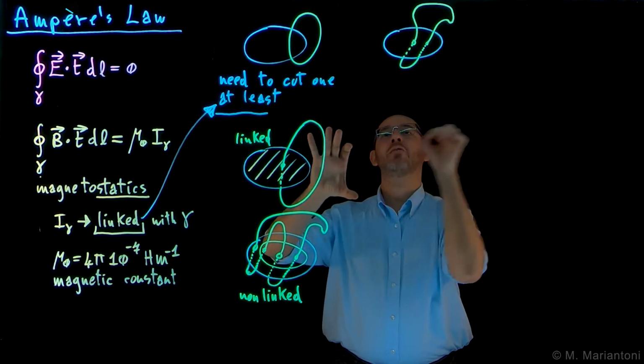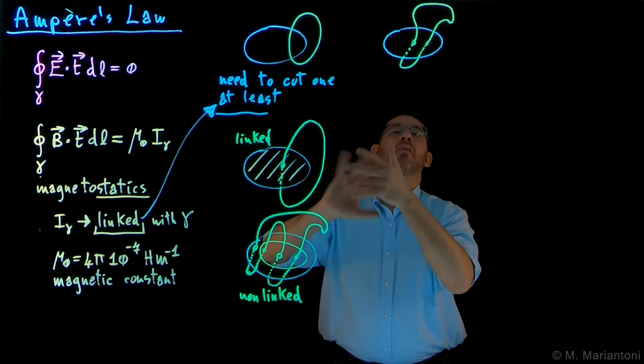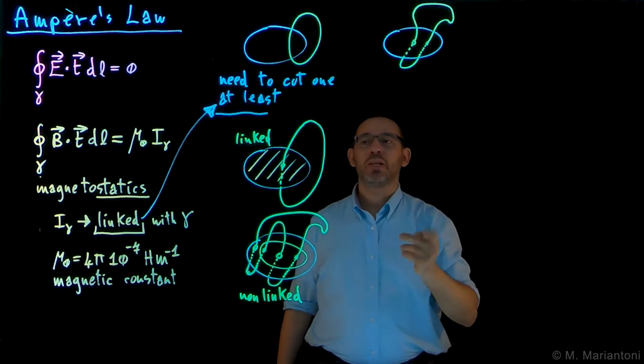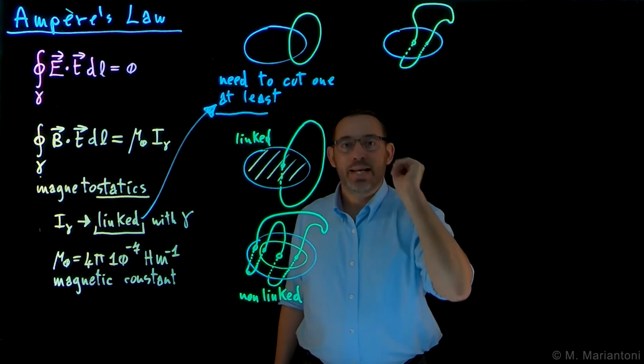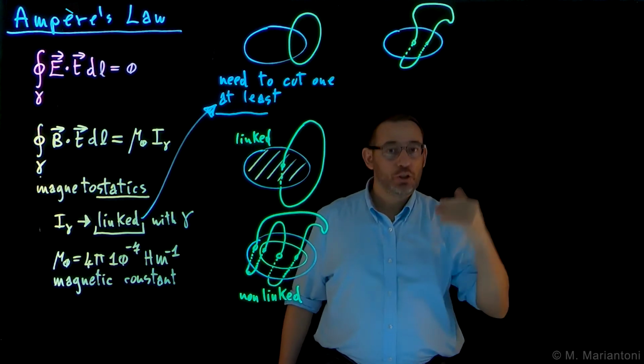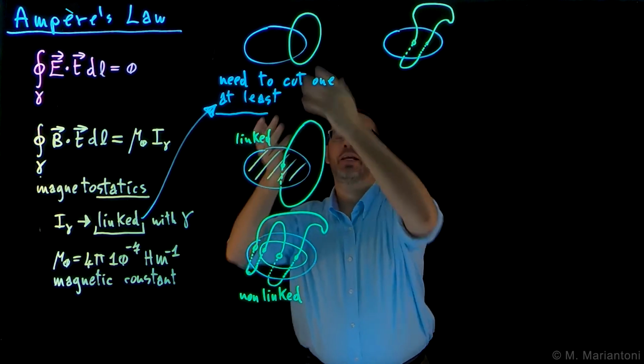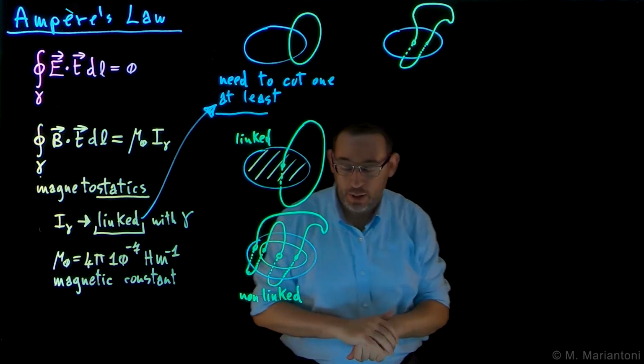I can of course take it outside without ever cutting any of these lines. That's why you need an odd number of intersections in order to have linkage, which is what we intuitively described up here.